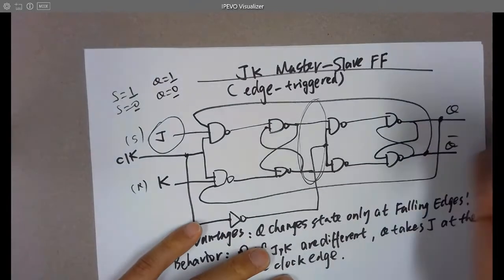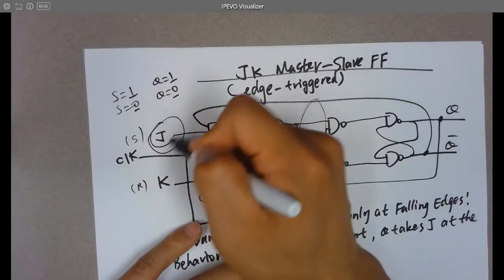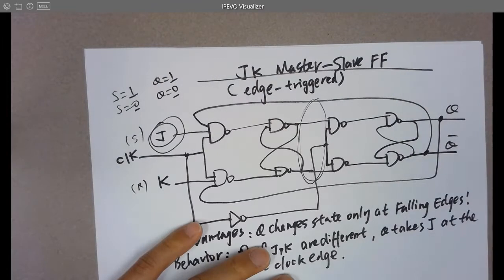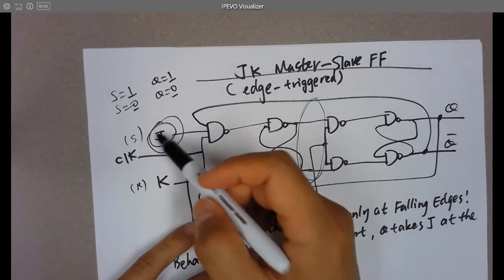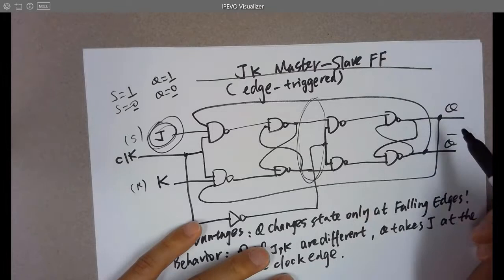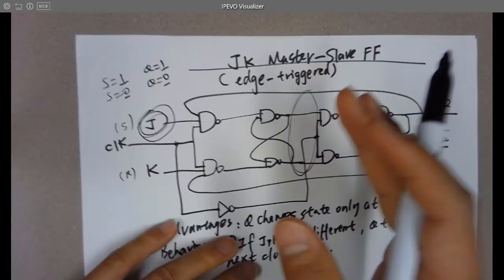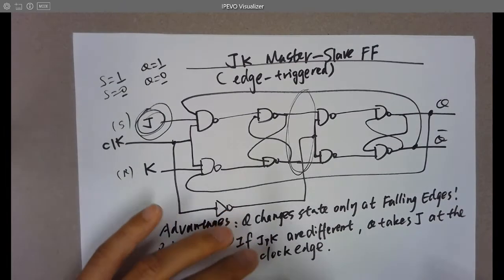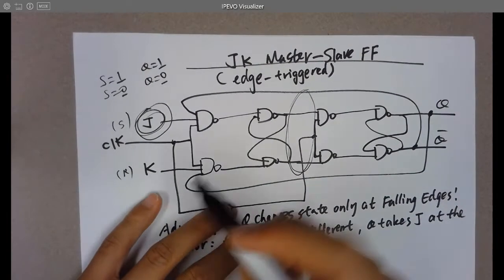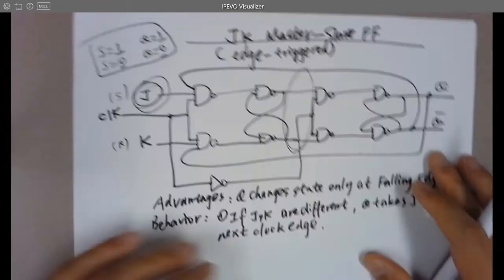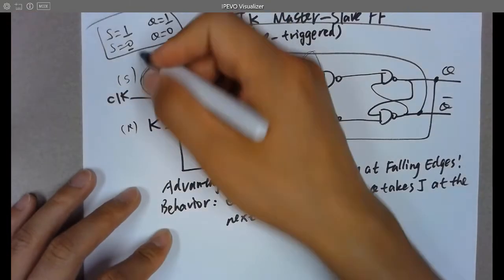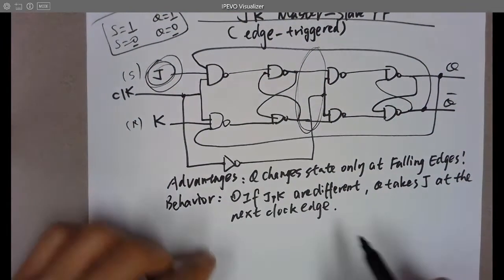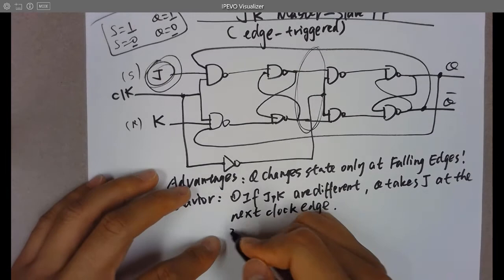It seems like you are passing whatever is stored at J to Q. They're not the same stuff, but actually they're the same voltage. It works in that way. Okay. And S is J, R is K. That's why we say this here.